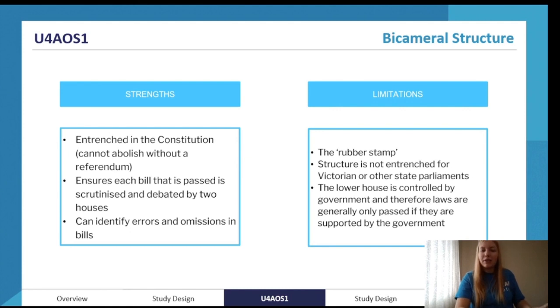What we really want is a hostile Senate. And this is the structure that we usually have. Again, another term that you need to know. Why is the Senate hostile? Because they have a different composition from the House of Representatives, meaning the major government party is not the majority of the senators there.